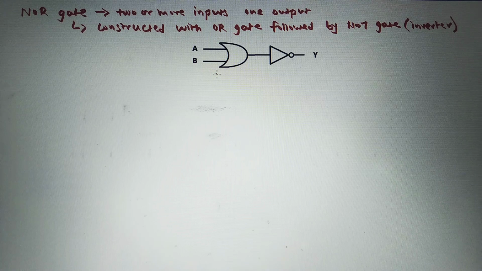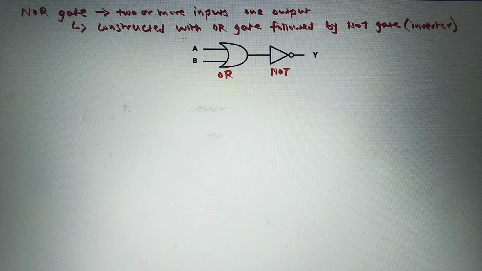Now see here, this is the logical meaning of NOR gate. That means the NOR gate is constructed with OR gate here followed by NOT gate or an inverter. So see here, this is the OR gate and this is the NOT gate.